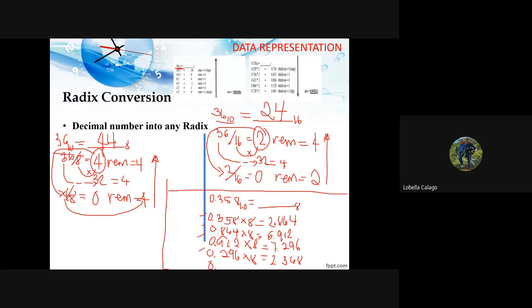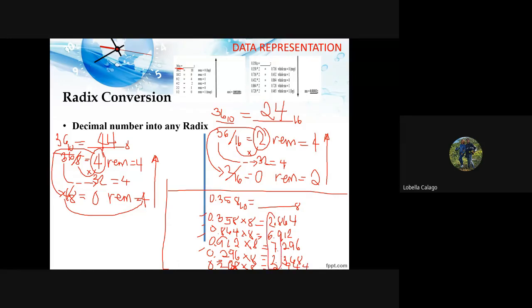So, i-multiply natin uli siya. 0.368 times 8. So, yan, 2.944. So, kukunin lang si whole number.